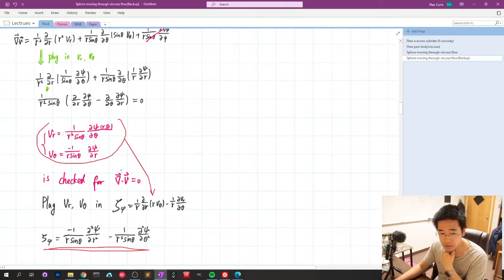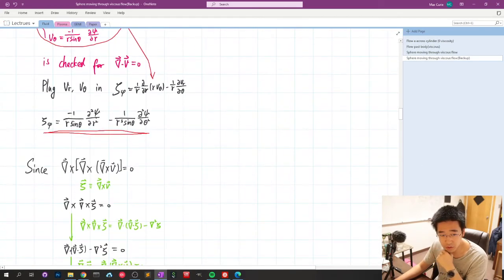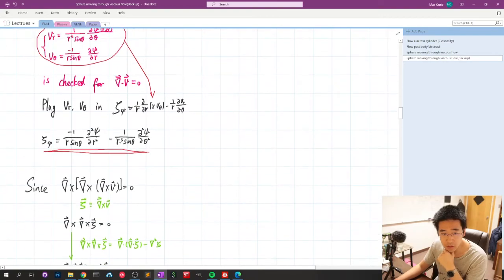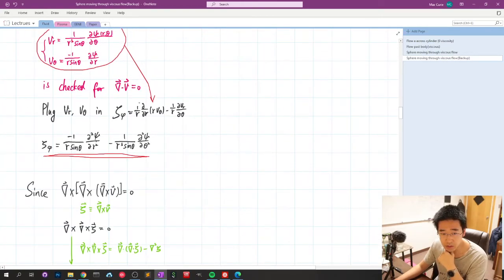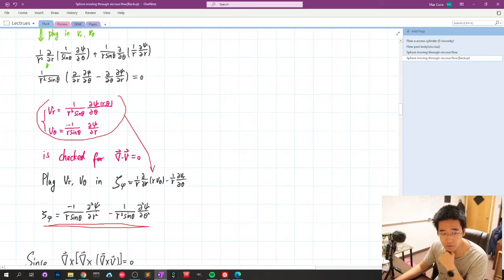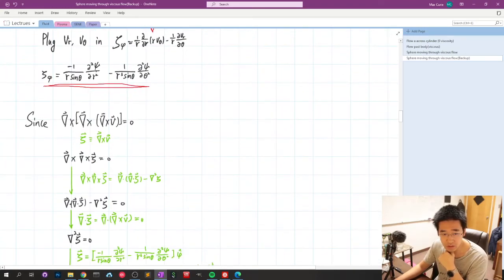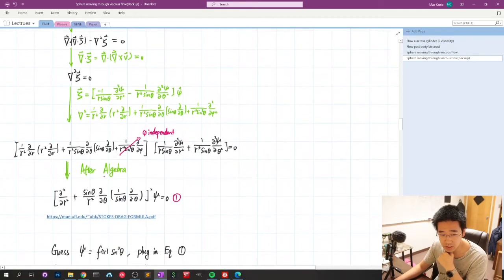We find that incompressibility works for them, then we plug the velocity into the vorticity and discover the vorticity is this.